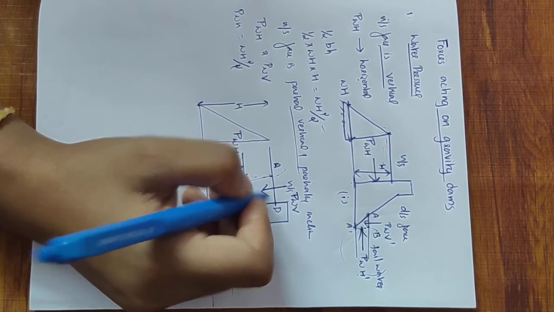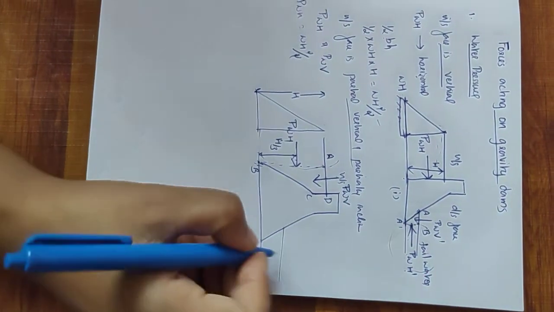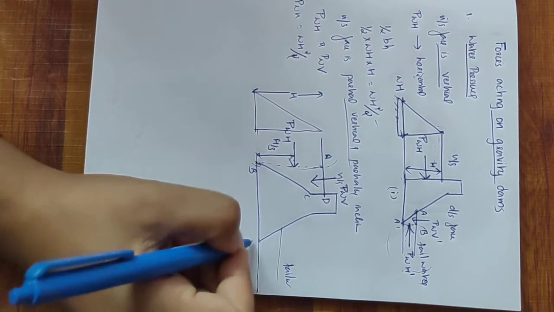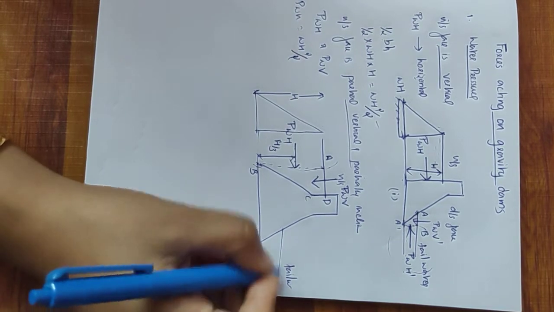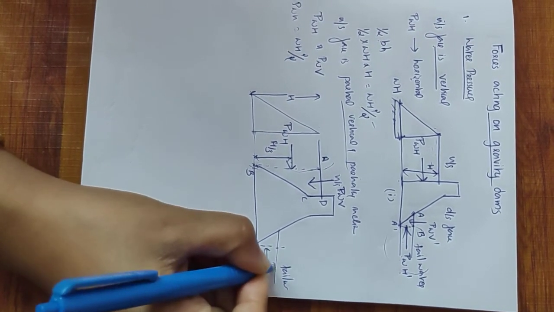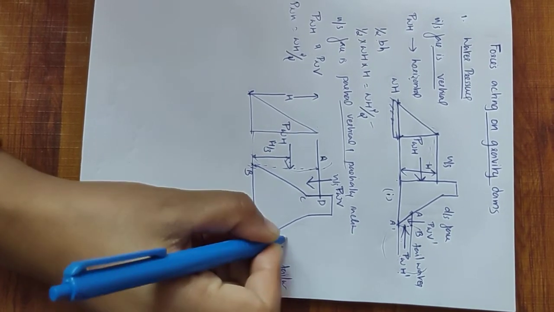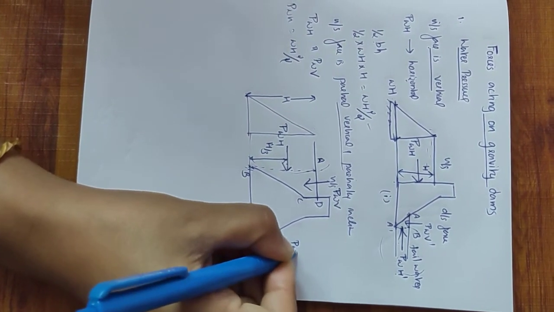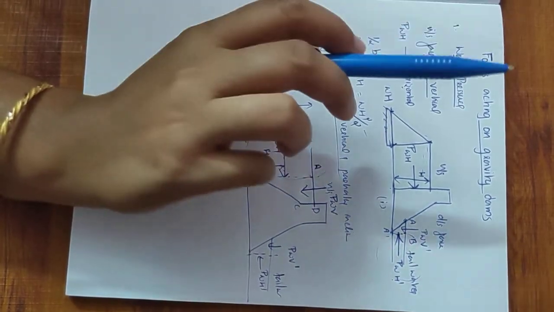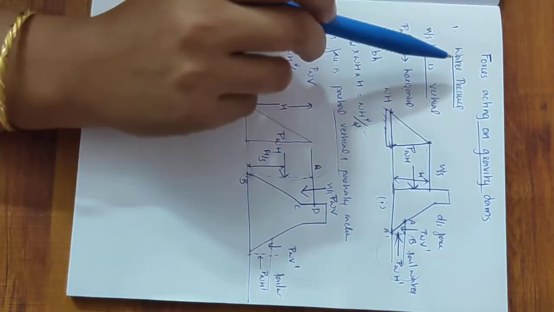PWV will be acting at centroid of this face. Consider the tailwater. Tailwater here, the surface is inclined. As we discussed above, tailwater pressure has two components, PWH dash and PWV dash.